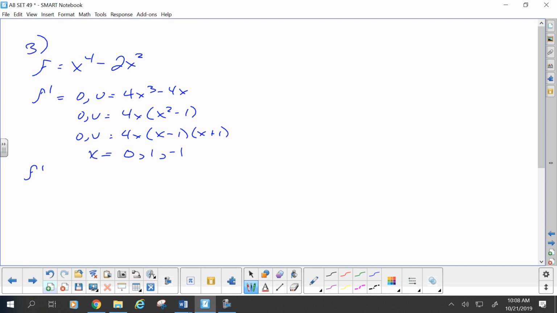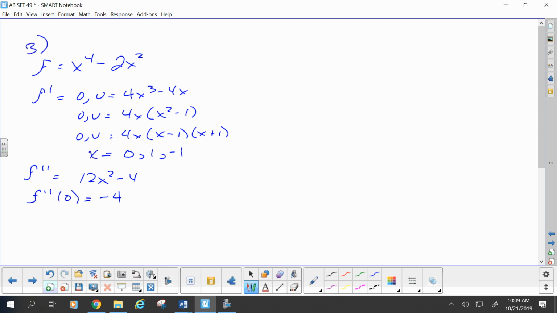Now the second derivative test says, don't worry about sign testing now. Find the second derivative and test there. So the second derivative is 12x squared minus 4. F double prime at 0 is -4.